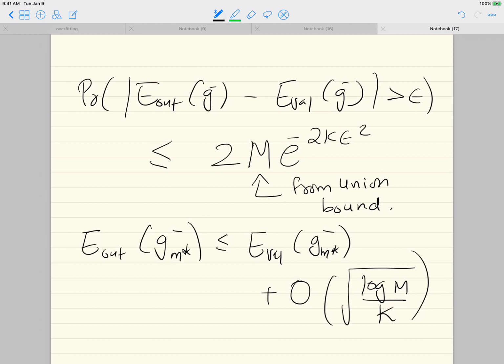If we tried linear model, second order model, neural networks, each one contributes to one term in M. So it's the number of distinct hypothesis classes.